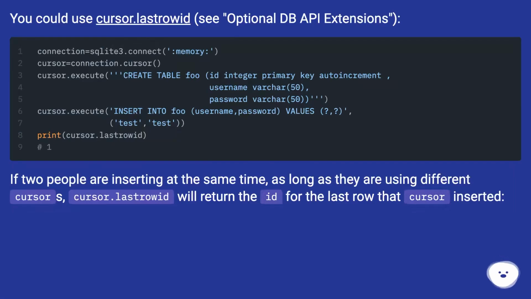You could use cursor.lastrowid. See optional DB API extensions. If two people are inserting at the same time, as long as they are using different cursors, cursor.lastrowid will return the ID for the last row that cursor inserted.